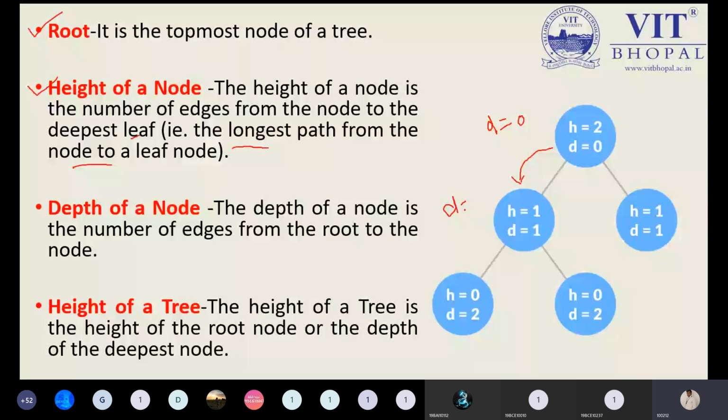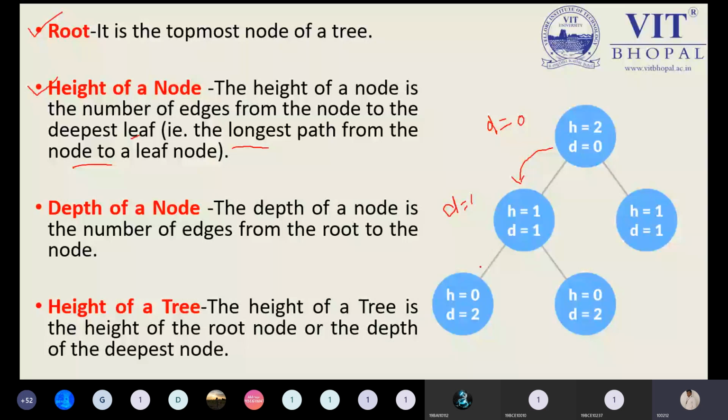So we can say it has a depth of one. We need to identify the depth of the node, and we need to see how many edges are connected from the root to it. The connection from the root is recognized by the value of the depth, and that is the number of edges connected.